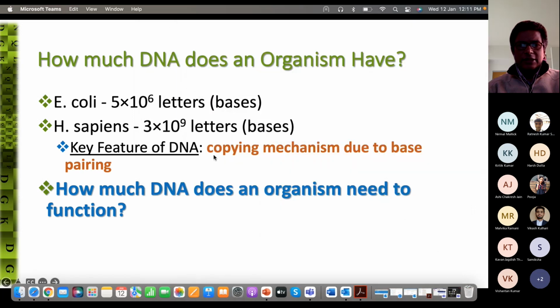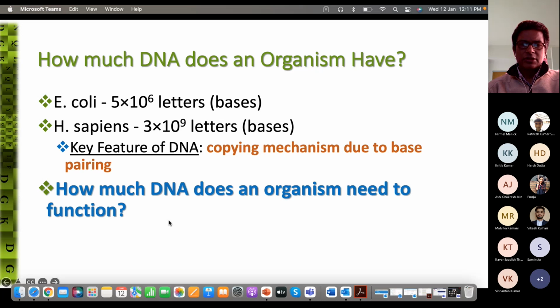So that's where the difficulty is, right? What do you mean by an organism needing to function? This question is something that I left as an open-ended question. You need to go back and look at some more literature to come up with the current status of the answer, because there is no complete answer to this question yet.